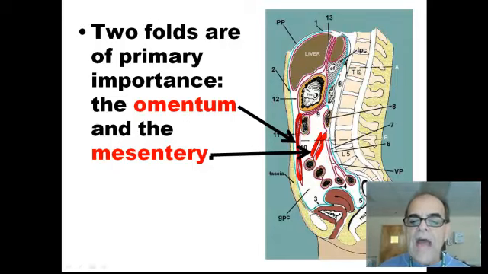The mesentery anchors the organ to the posterior wall, but also lets arteries, veins and nerves go through.